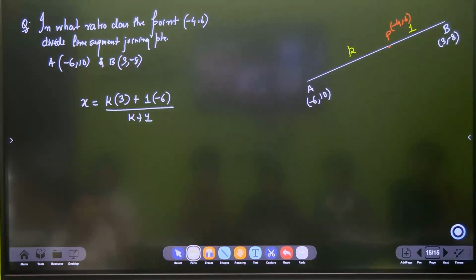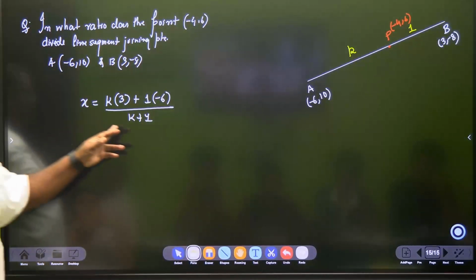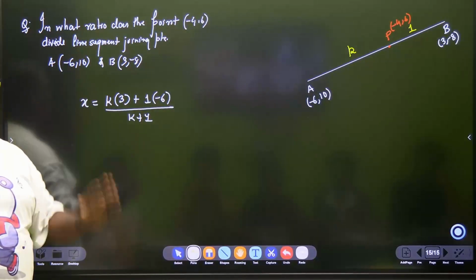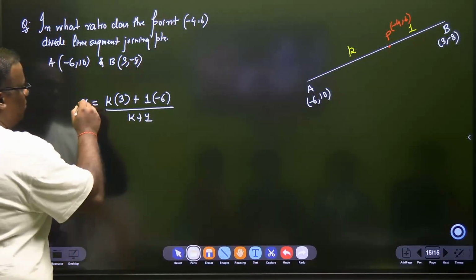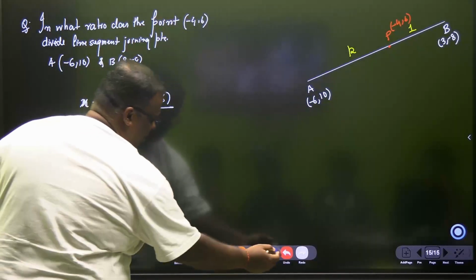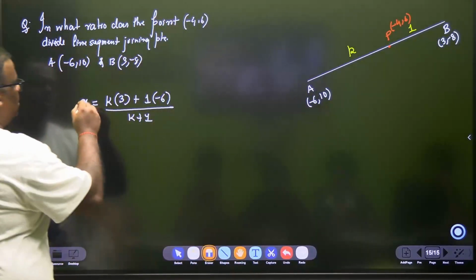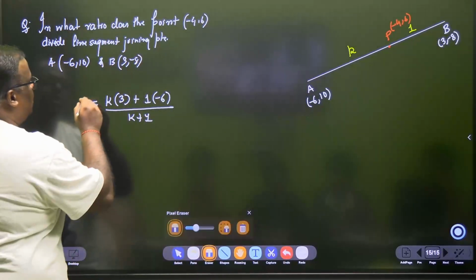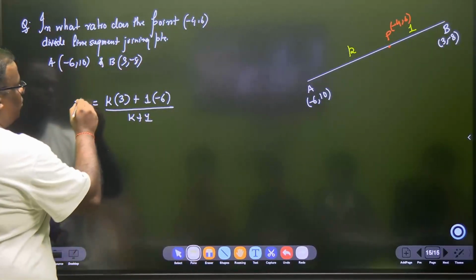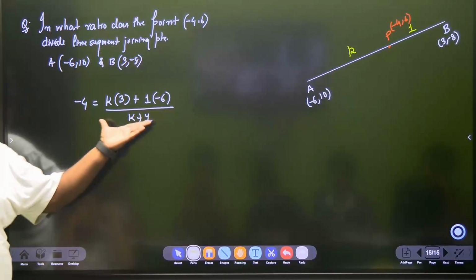Again, I'll say, don't even go by this, because this value is known to me. What is the value? -4. Have all of you understood this?